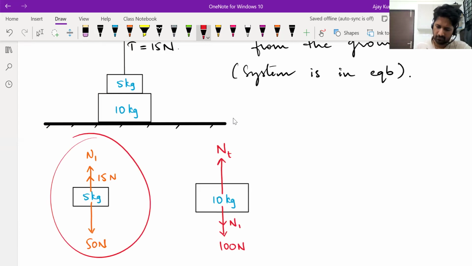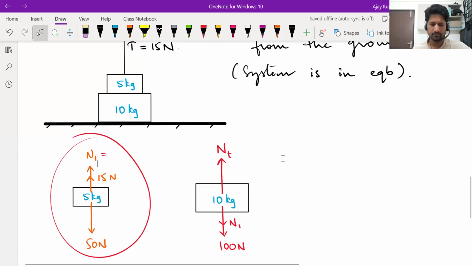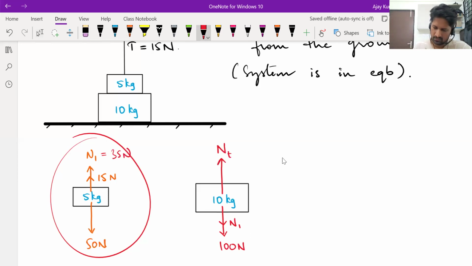So from the first diagram, quickly tell me how much is N1? 35 Newton, correct. You put that 35 Newton here, then the normal force from the table becomes 135 Newtons. That is the answer.